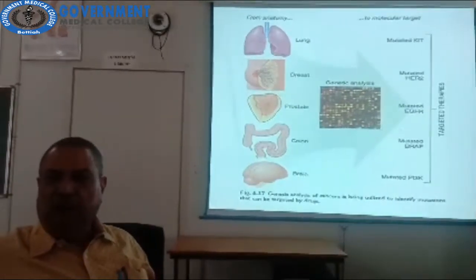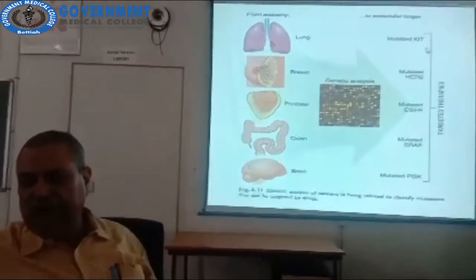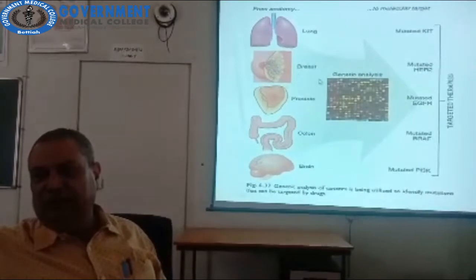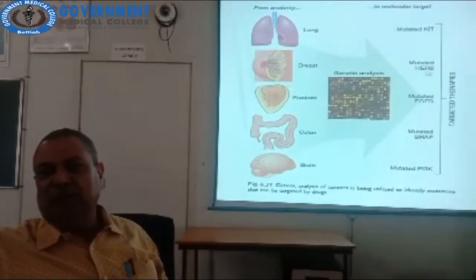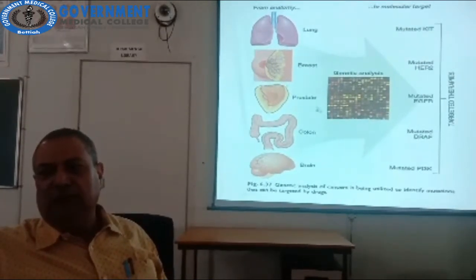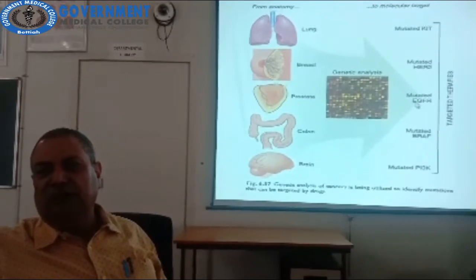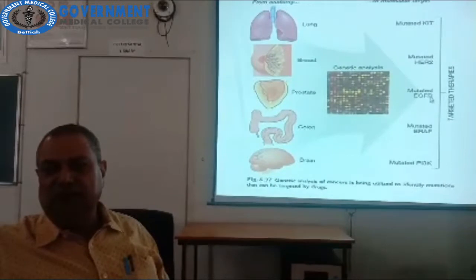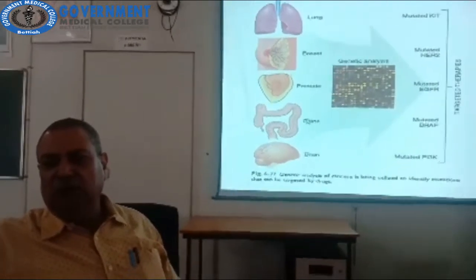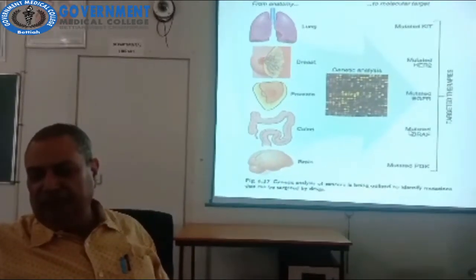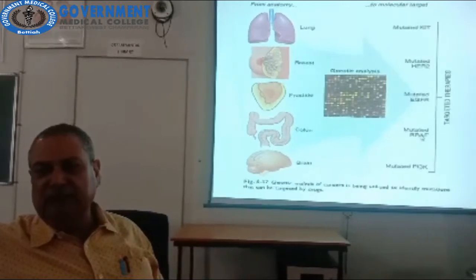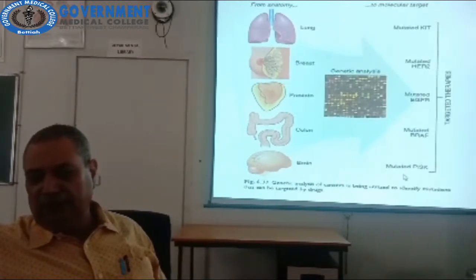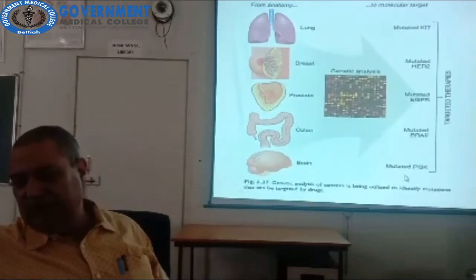This is lungs mutated KIT, then breast mutated human androgen receptor, then prostate mutated epidermal growth factor receptor, then colon mutated BRAF, that is BRAF antigen, and brain mutated phosphoinositide 3 kinase.